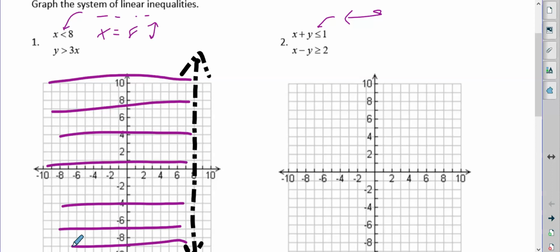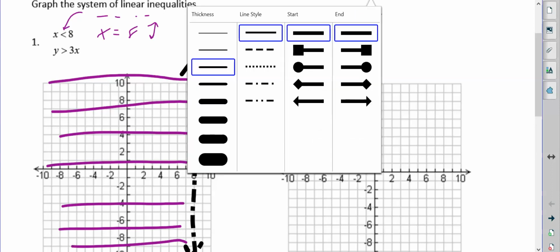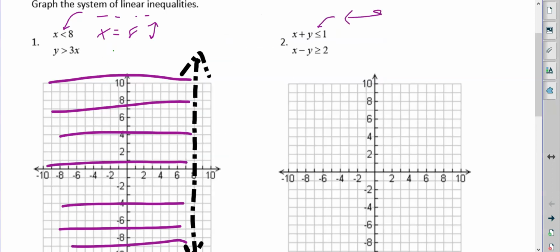Now, on the next one, we really have 3x plus 0. So 0 is our starting point, and that's our y-intercept. And we're going to go up 3, right 1, up 3, right 1, up 3, right 1. And technically all these are actually open dots.